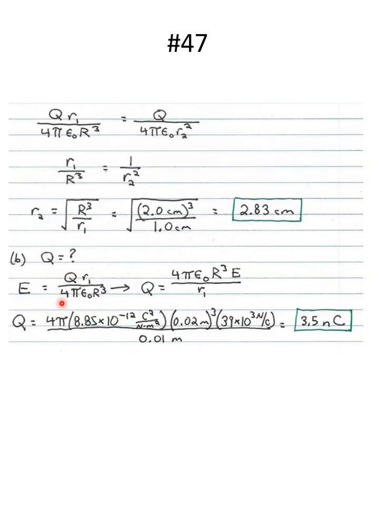So if the electric field is Q times R1 over 4 pi epsilon naught big R cubed, we can just solve that for Q. So we get 4 pi times epsilon naught times the radius, which is 0.02 meters, we're going to cube that, times the electric field at R1, which was 1 centimeter, 39 kilonewtons per coulomb, and then divide by R1, which is 1 centimeter, but we need to make it meters, so 0.01 meters, and we get 3.5 times 10 to the negative 9 coulombs, or 3.5 nanocoulombs.